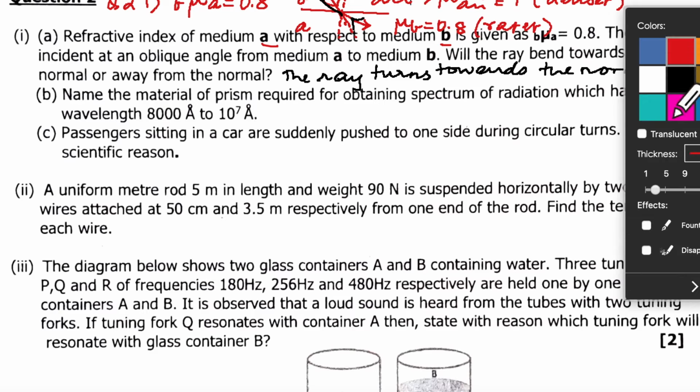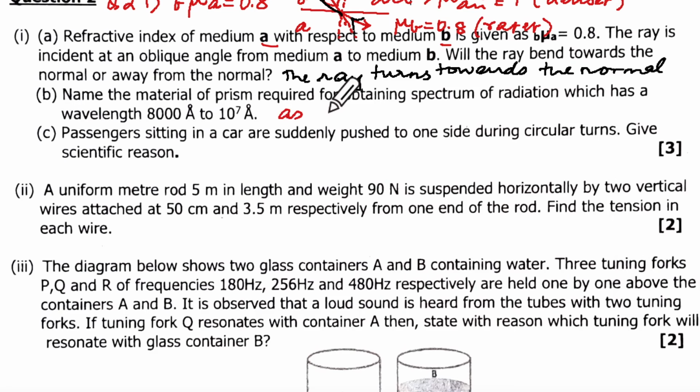Okay, now I'm changing back the color to the red one. As it travels from A (mu equal to 1) to B, which is, no, from A, which is 0.8 to here, mu B, mu equal to 1.